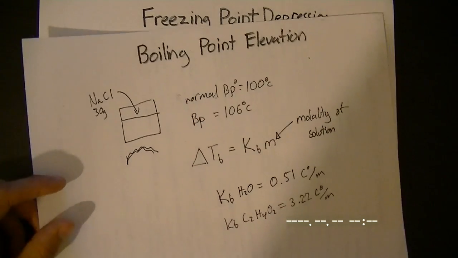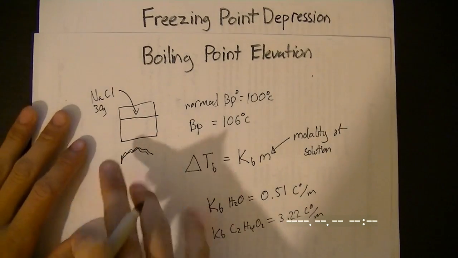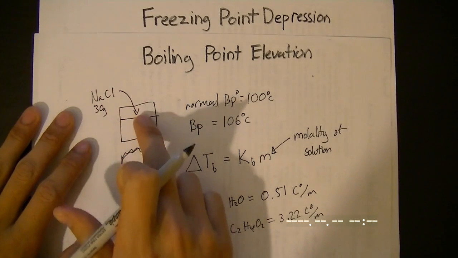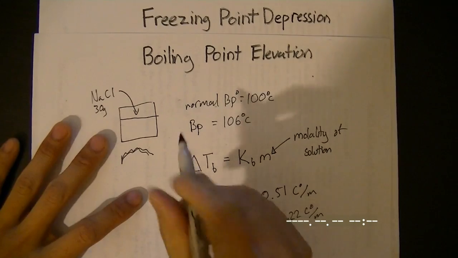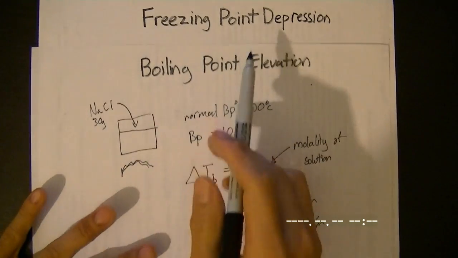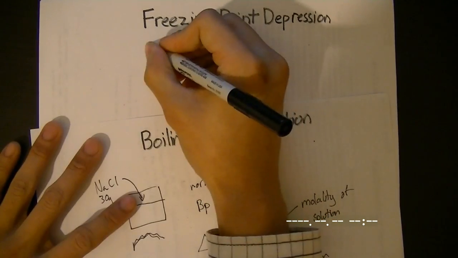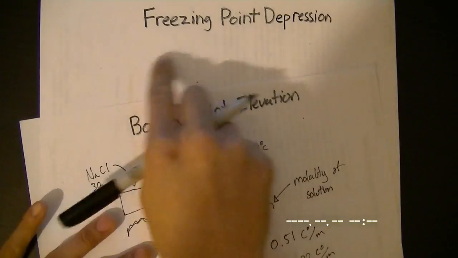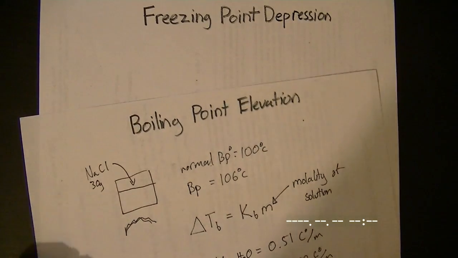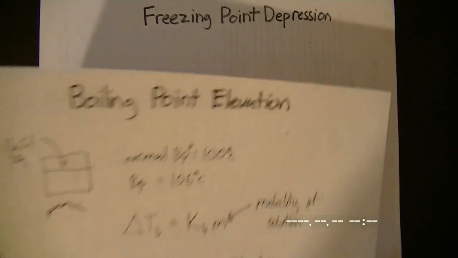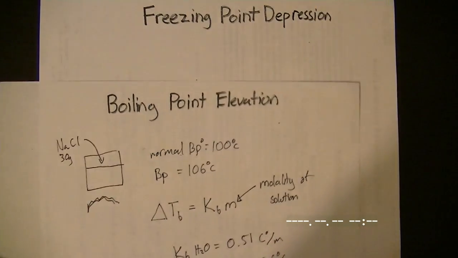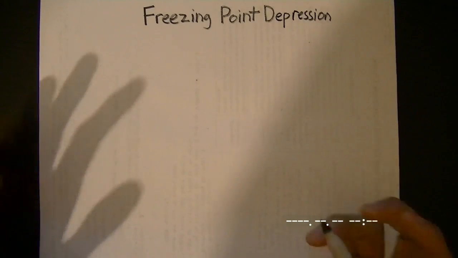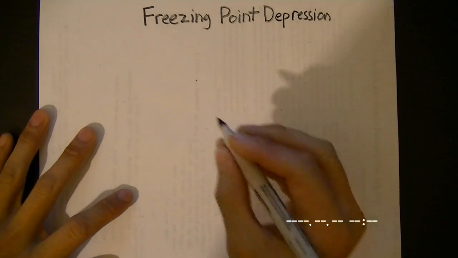Essentially, also when we add a solute to a solvent such as water, we will also lower the freezing point. I should have said melting point to be more accurate, but I'm just going to say freezing point because some students connect better with the idea of freezing. Okay, the freezing point, the melting point decreases.